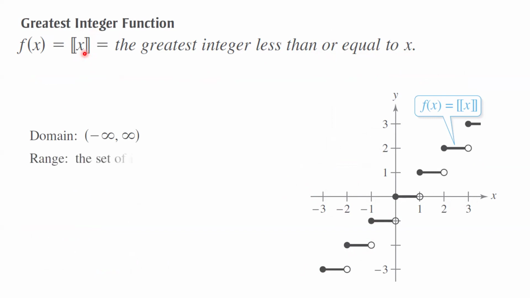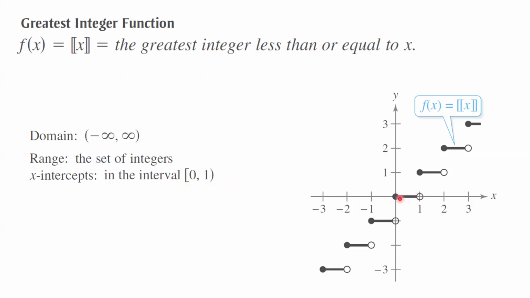What about the range? The range is the set of integers, right? -3, -2, -1, 0, 1, 2, 3, and so on. So you have integers. The x-intercepts are basically in the interval 0 to 1, and 0 is included, so you use a half closed, half open interval.